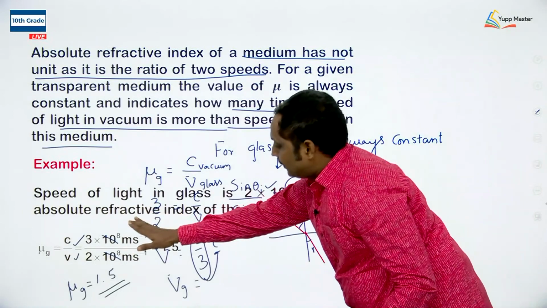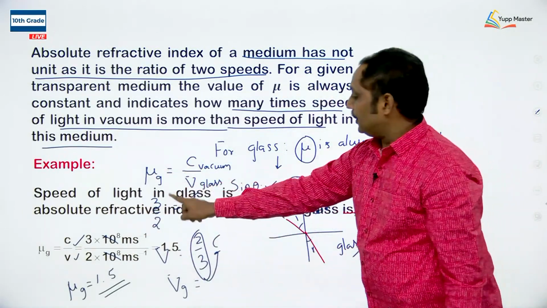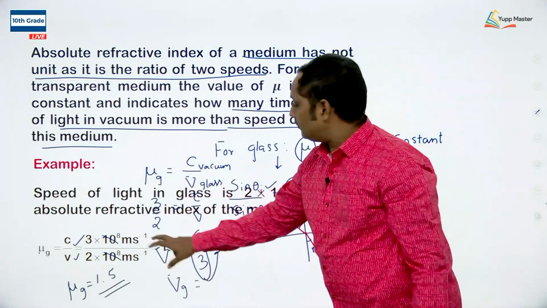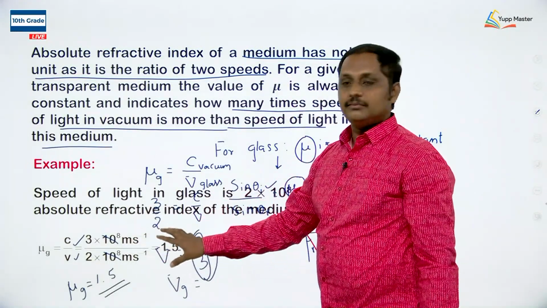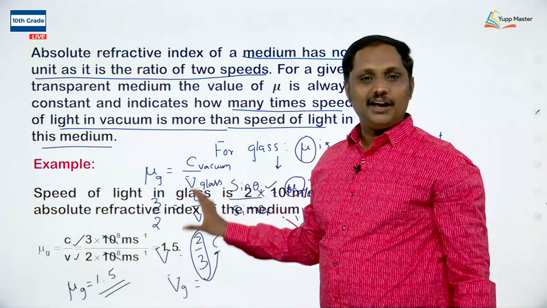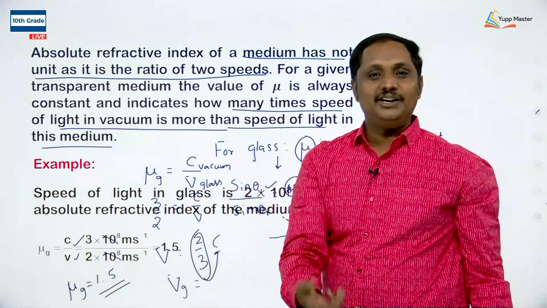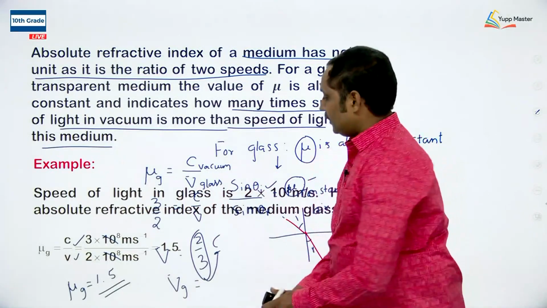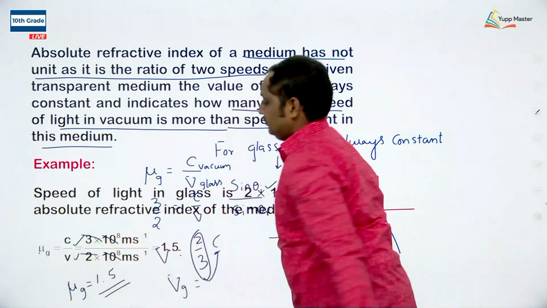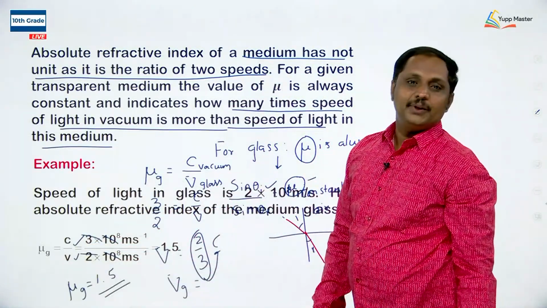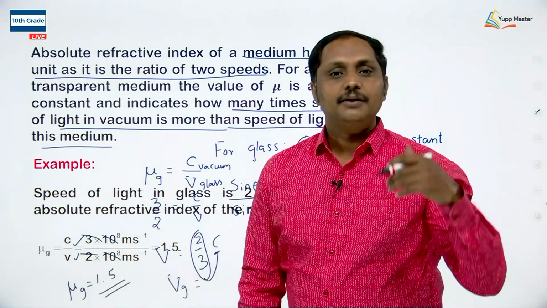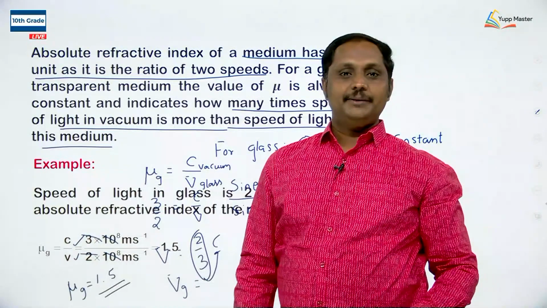So, speed of light in vacuum is going to be 3 into 10 power 8. Speed of light in a particular medium, that is in glass. If you know the speed of light in the glass material, then easily you will find out the refractive index. Taking the ratio, it is going to be cancelled out, 1.5. So, how will you calculate the refractive index of a particular transparent medium?